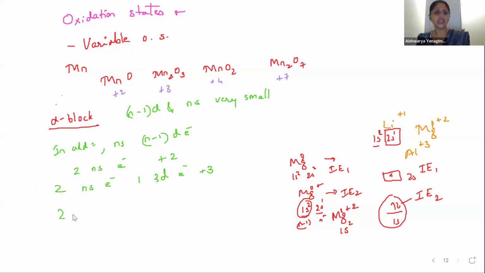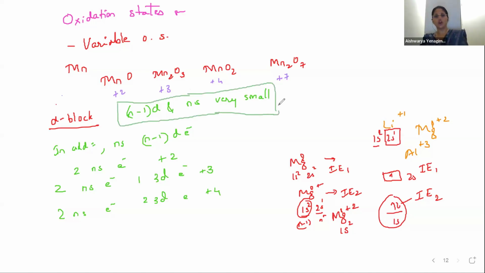When two ns electrons and two 3d electrons are lost, it becomes +4. I hope this point is getting clear for you. Very important, what is the reason? The energy difference between n minus 1d and ns subshell is very small. Since the energy difference is very small, along with the ns electrons, n minus 1d electrons also participate in bonding. Therefore, the variable oxidation states are seen.